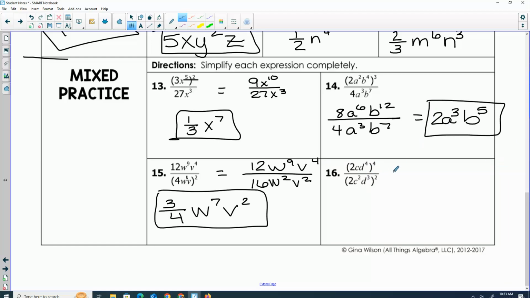Problem 16, both the top and the bottom have exponents. So we have to do the top and the bottom first. So on the top, we have 2 to the 4th power. That means 2 times 2 times 2 times 2. That's 16. C to the 1st to the 4th becomes C to the 4th. D, 4 times 4 is 16.